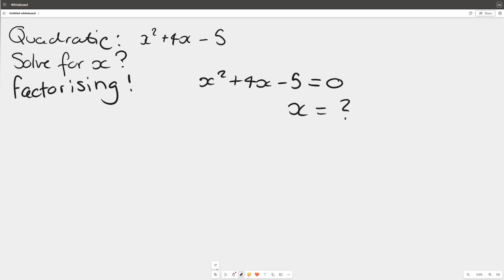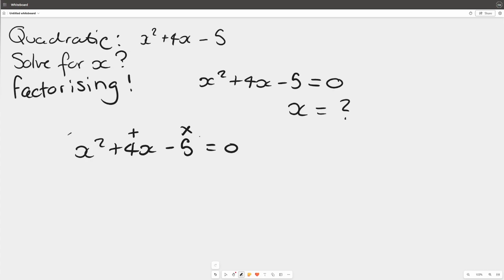So what are we going to do? Well, the first method that we can use, which is the method we're going to look at in this video, is factorising. So let's factorise this expression, x squared plus 4x minus 5 equals 0. So it's an equation. To factorise this, the coefficient is 1, so we don't need to worry about that. We're looking for two numbers that add to make 4 and multiply to make minus 5.